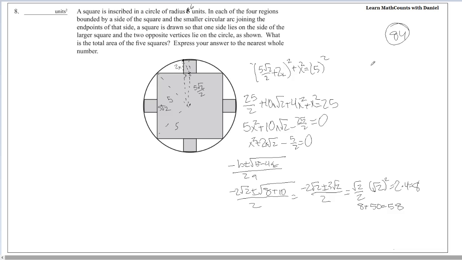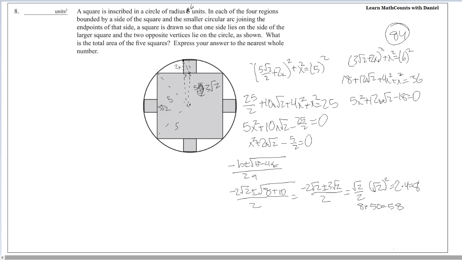So once again, now we have this is 3 root 2. So now we do (3 root 2 plus 2x) squared plus x squared equals 6 squared. We expand to get something like this. I'll save you some time.